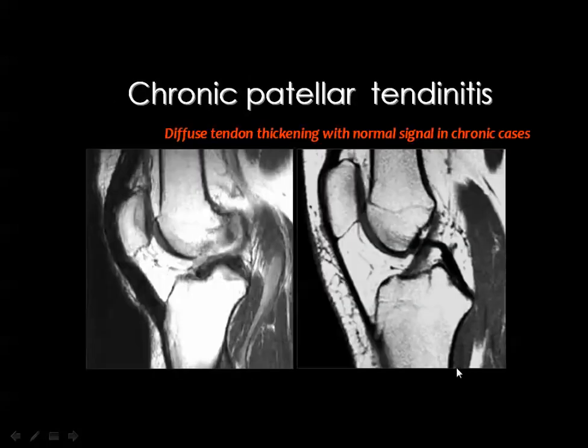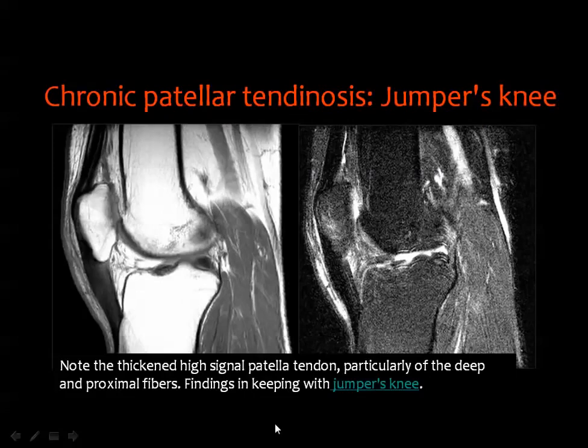The presence of intermediate signal in the patellar tendon, near its patellar attachment, indicates acute patellar tendonitis. But if you see that the patellar tendon is diffusely thickened along its whole course, maintaining its normal signal intensity, then you can call this chronic patellar tendonitis. There is no abnormal signal within the thickened infrapatellar tendon in chronic cases.